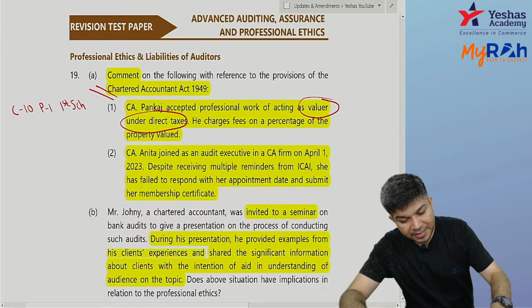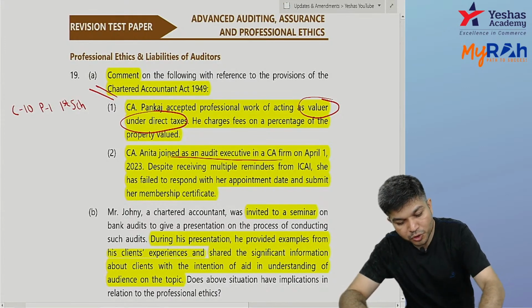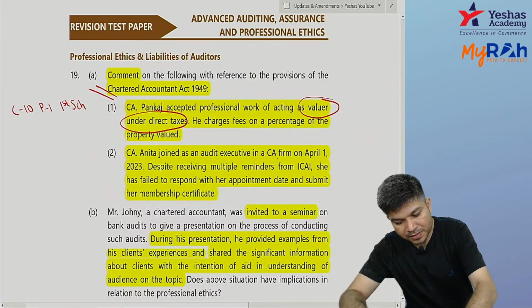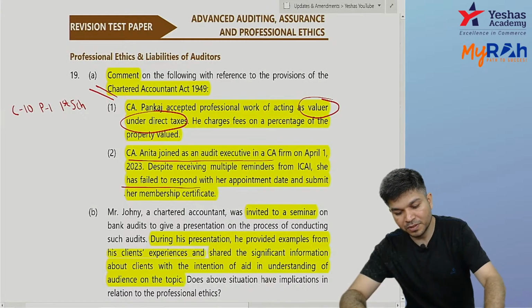Okay, CA Anita joined as an audit executive in a CA firm, so she is an employee. Despite receiving multiple reminders from ICAI, she failed to respond.